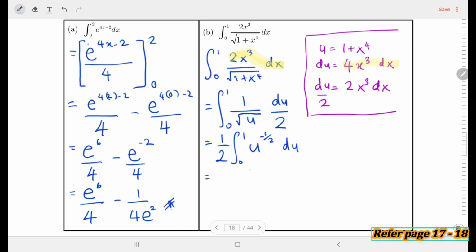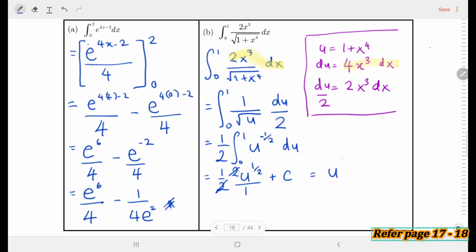Now we integrate. The integral of u to the power of negative half is u to the power of half, since negative half plus 1 is half, over half, which is over 1 over 2. Plus c, but we are going to use the upper and lower limits. I put c first because when I integrate this, the two cancel out.